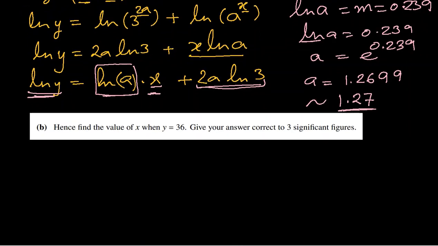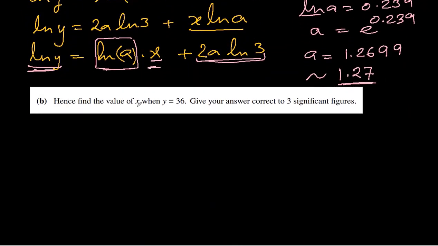Hence, find the value of x when y is 36, correct to 3 significant figures again. So in this equation we will put 36 in place of y because they said y is 36. Ln a we know now, and it is e to the power 0.239.